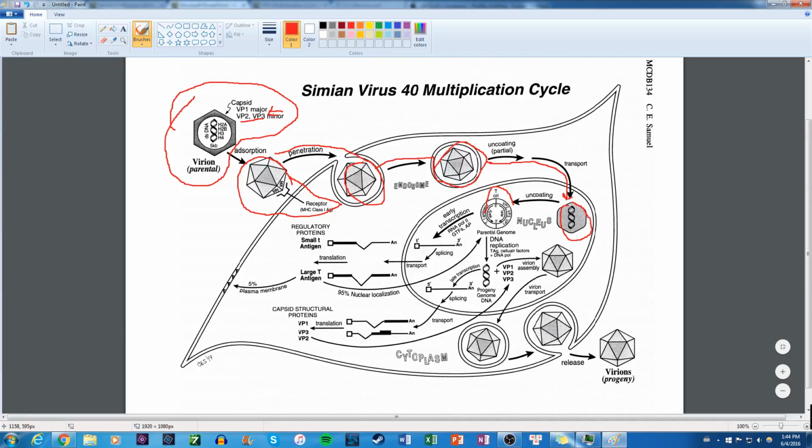The early proteins are T antigens, which, long story short, increase the growth of the cell, and growth of the cell is linked with DNA production and protein synthesis, which is perfect for viruses that need to replicate their genome and make proteins. So the T antigens essentially set up the conditions for the replication and transcription and translation to occur.